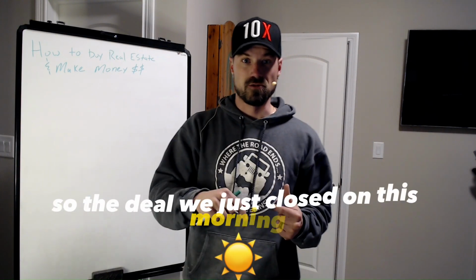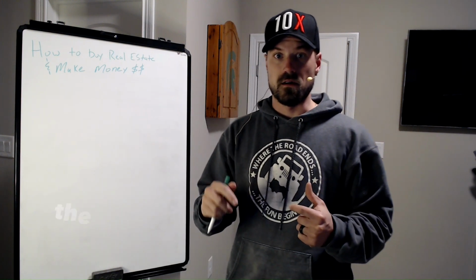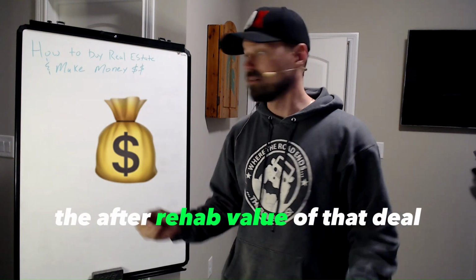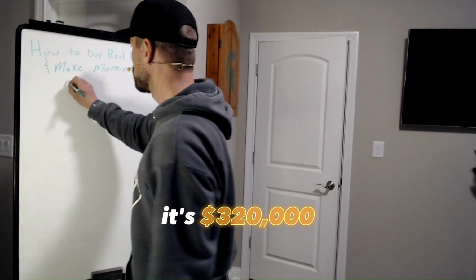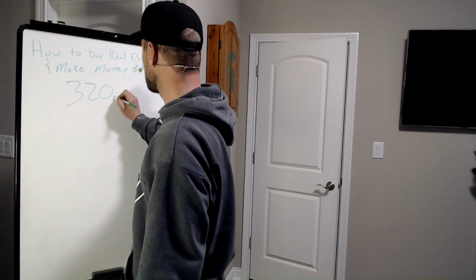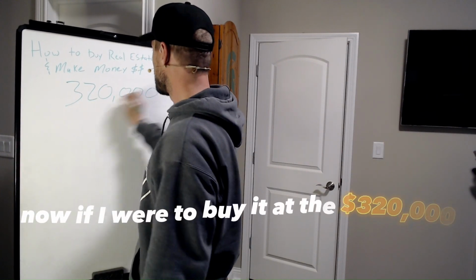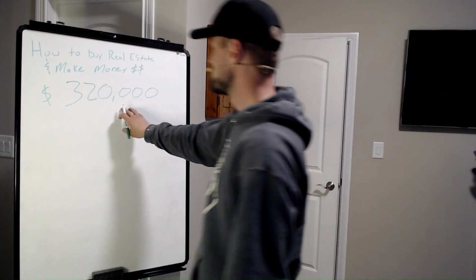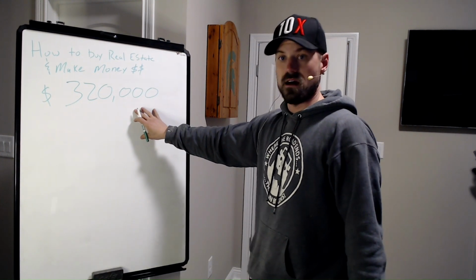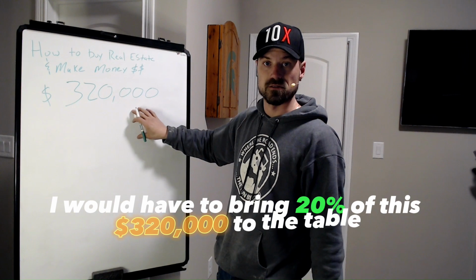So the deal we just closed on this morning, the after rehab value of that deal is $320,000. Now, if I were to buy it at $320,000, that means I would have to bring 20% of this $320,000 to the table. I can't do that.